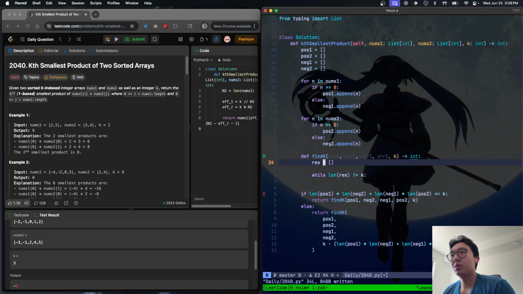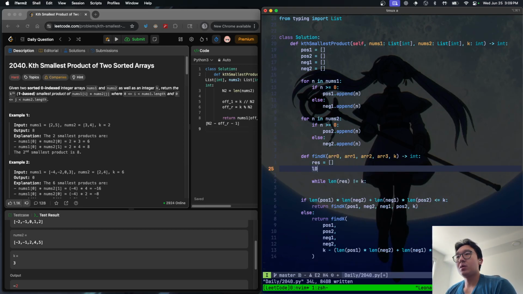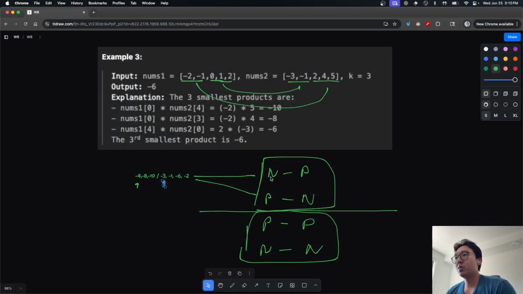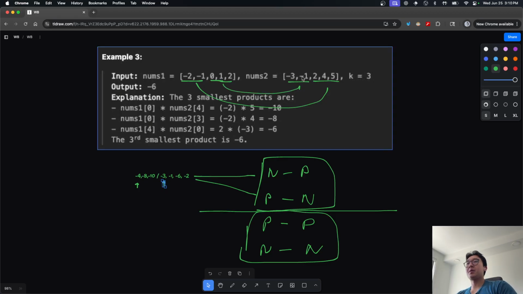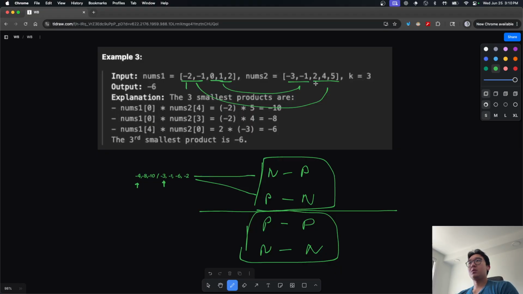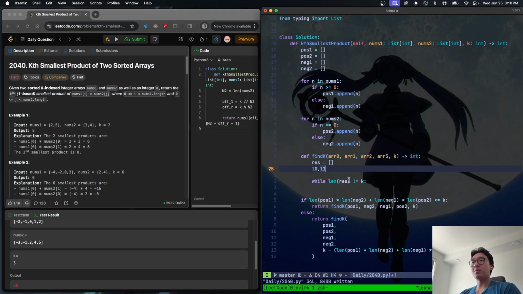So left 0, left 1. We want to multiply. So this one's negative, positive, negative, positive, negative, positive, positive, negative. So we're gonna have a pointer one here. It's the number we want to multiply, right? So I always want to multiply.